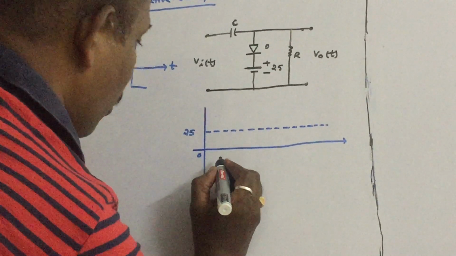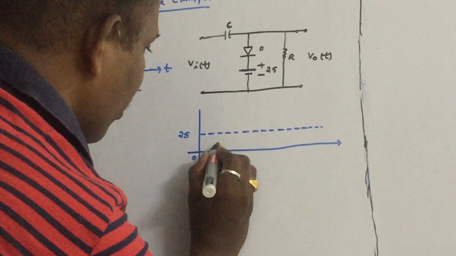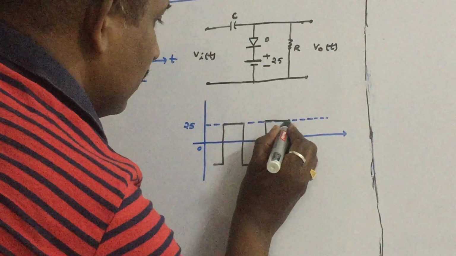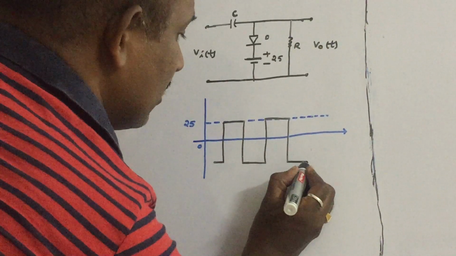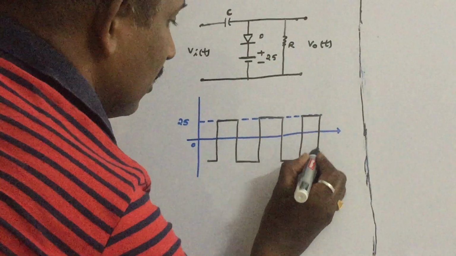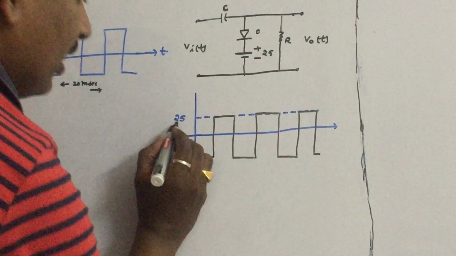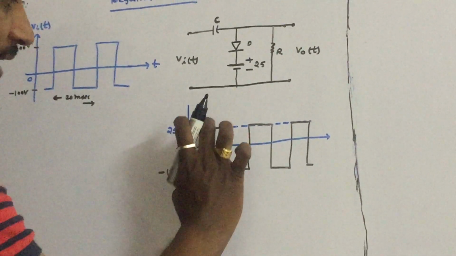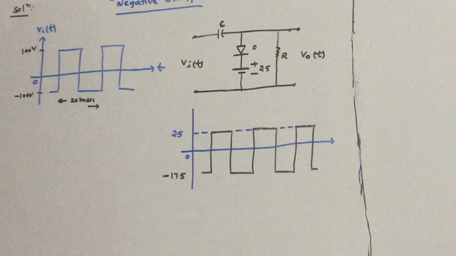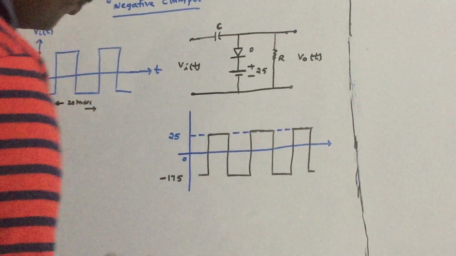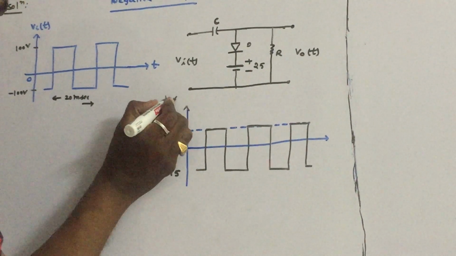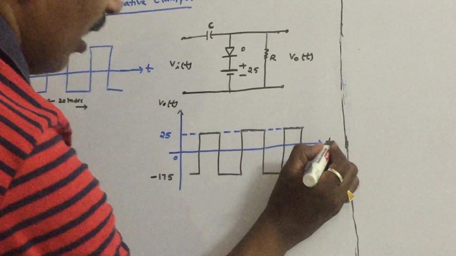So we have to draw the square wave like this. So therefore it is 25. So therefore it will definitely become minus 125, so that the peak to peak amplitude will become 200 volts. So this is the output waveform you have to draw. So this is V0 of t versus t.